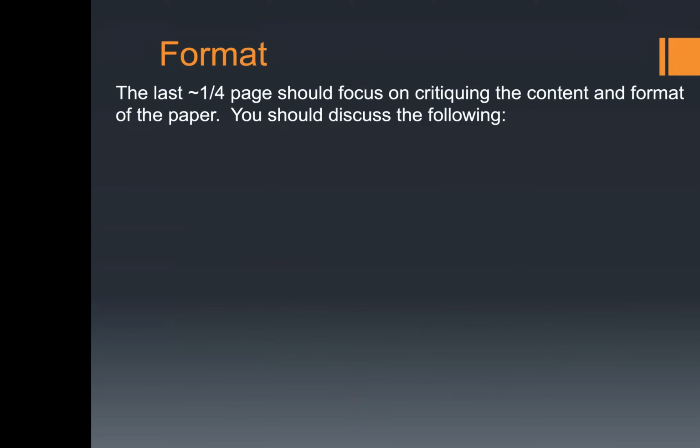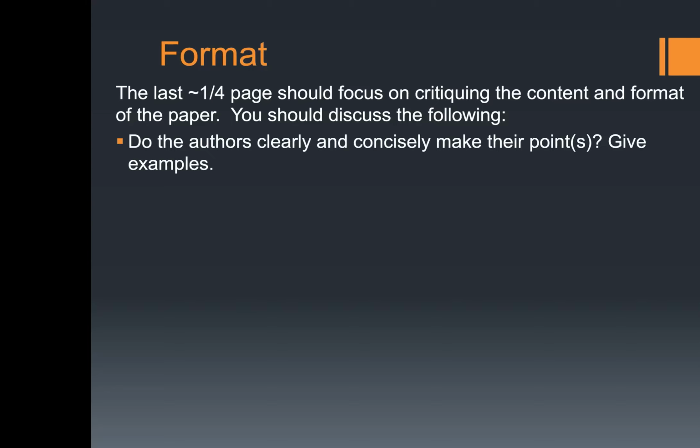And this is really what I want you to do: spend this last quarter of the paper thinking about the paper, writing questions, and you can talk about, well, I was unclear in this section. They could have done a better job doing that, right? So do the authors clearly and concisely make their points? Give an example, okay?